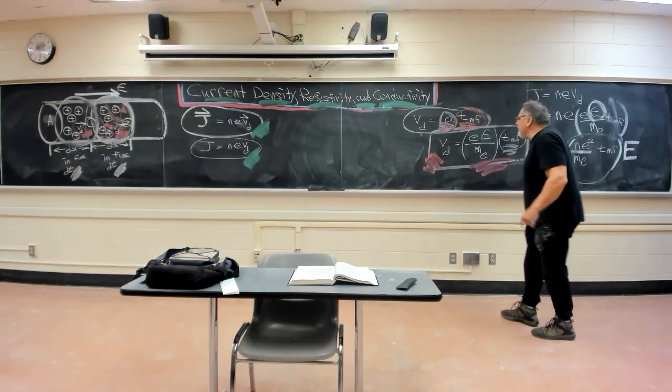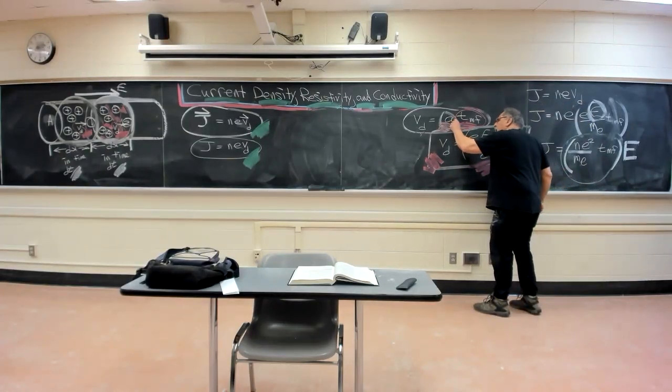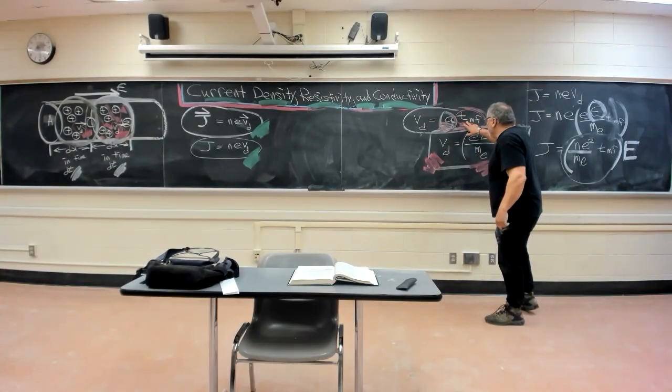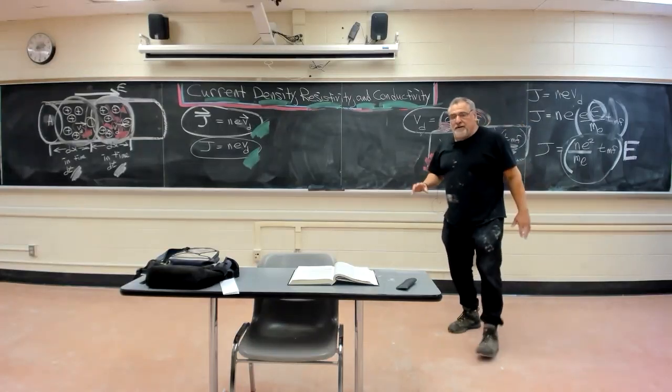You're going to have a lot of drift velocity if you've got a given amount of time, which may or may not vary. I'm going to confess my ignorance on this one.